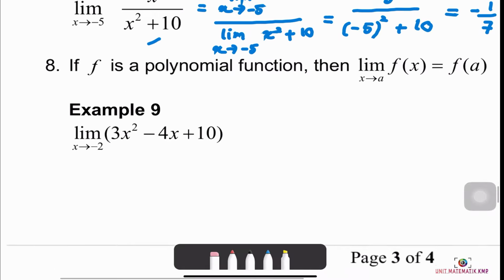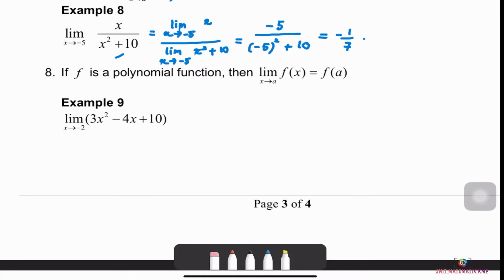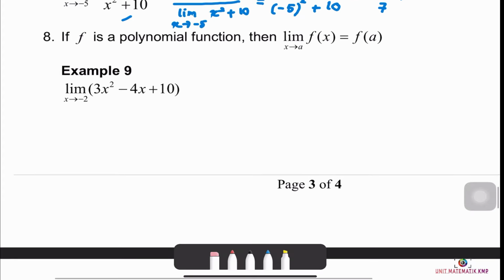And for the final property here, if f is a polynomial function, then the limit of f(x) when x approaches a equals f(a). So basically we substitute x equals a into our polynomial. For example 9, we have the limit of 3x squared minus 4x plus 10 when x approaches minus 2.